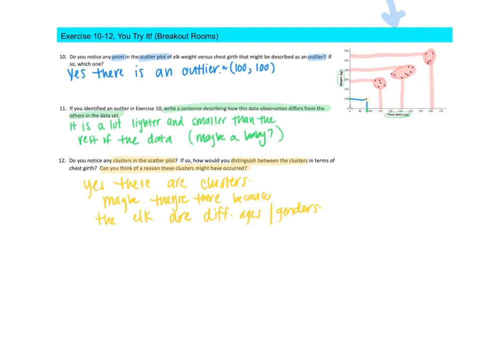That's what I'm thinking. Okay? So go ahead and make sure you have something like this down. And then we're going to close out the lesson and move into our exit ticket.